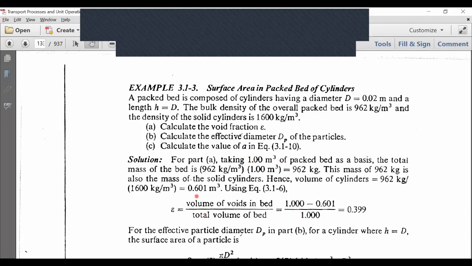The volume of voids, or the empty spaces, is the total volume of the bed minus the volume of the cylinders, 0.6. So it becomes 0.4 divided by 1, or 0.4. Okay, so this is for part A.